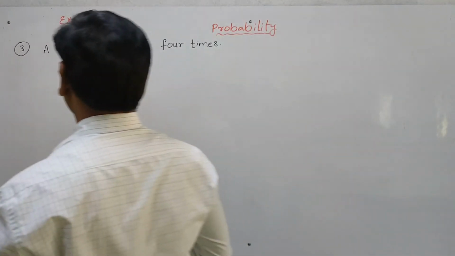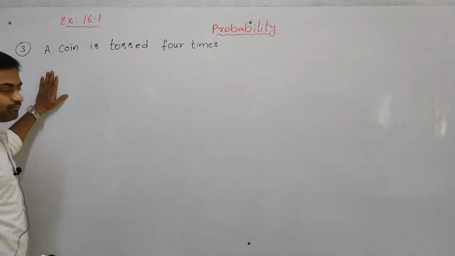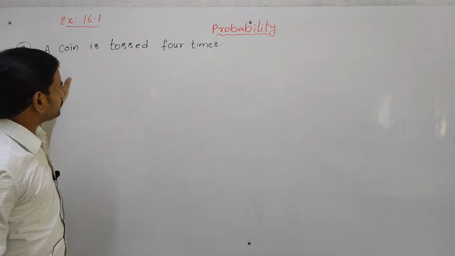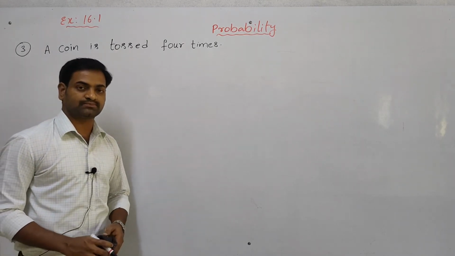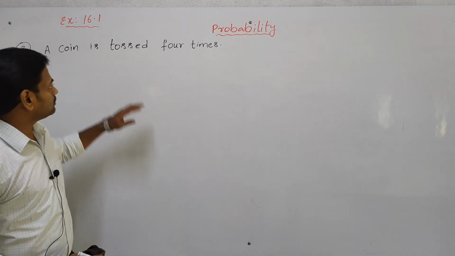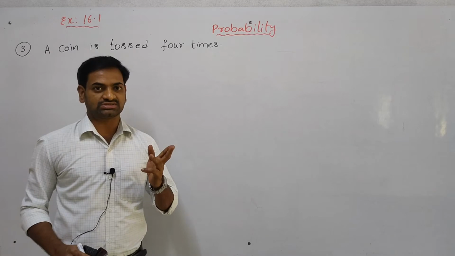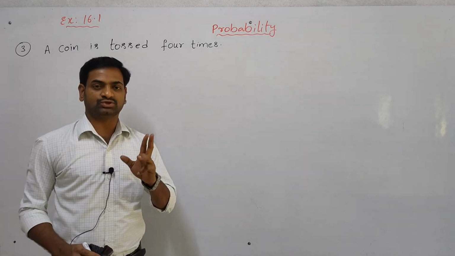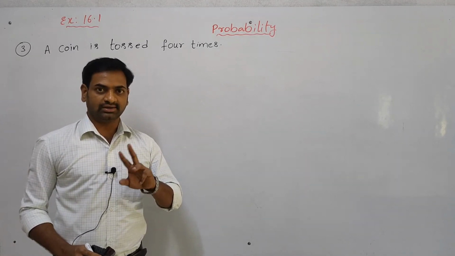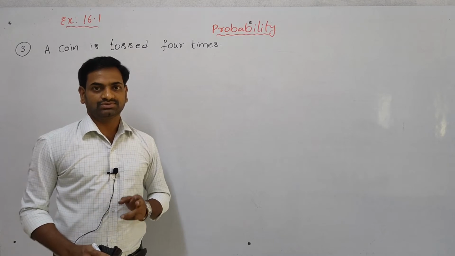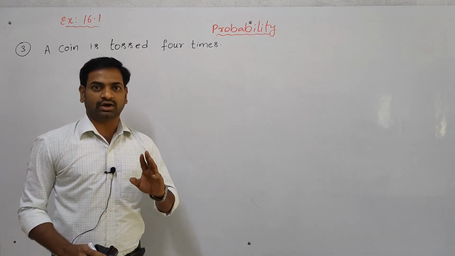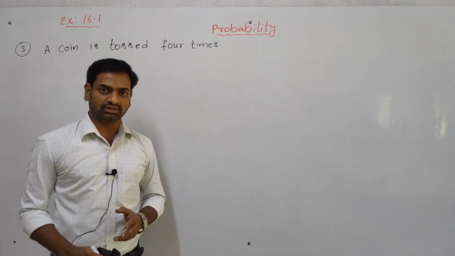Now see the third one: a coin is tossed 4 times. Previously I gave for the coin, how many faces are there? 2 faces, that means 2 outcomes, head, tail. So if we toss a coin 1 time it is 2 power 1.